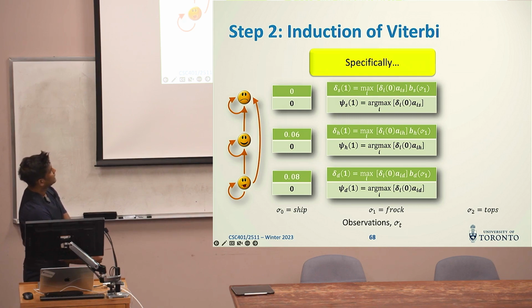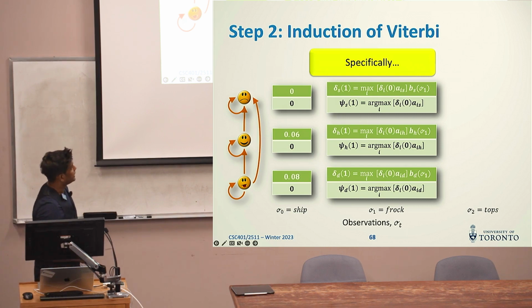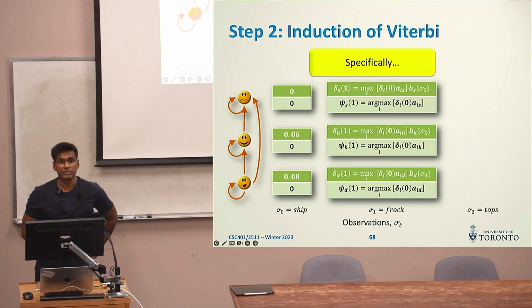So basically we'll pick these delta values, which are the top row, and multiply them by the transition probabilities. We'll have 3 transition probabilities here: sad to sad, happy to sad, and disgusted to sad. Then we'll take the max of whichever path and multiply that with this constant. And we'll store the state that gives us the best previous state in our backtrace label, and it is the same for the next 2 states, okay? Does this make sense? Any questions?